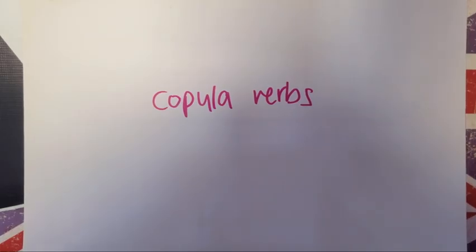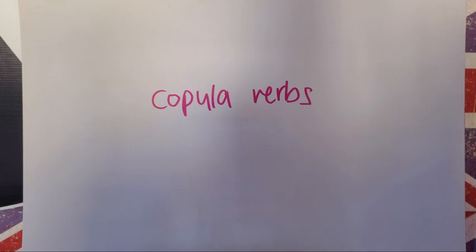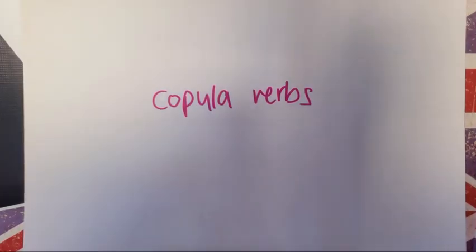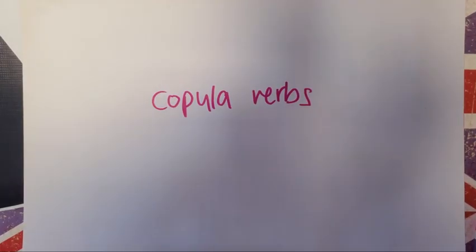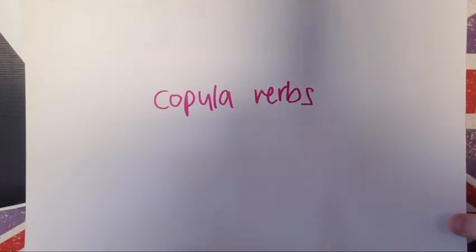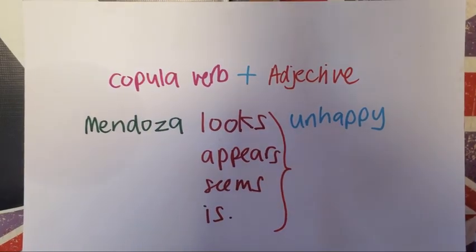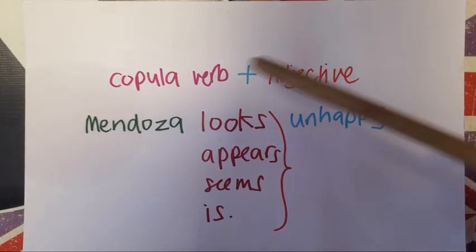Within the idea of to be and to have, which we call stative verbs, there is a narrower thing called copular verbs. This is just a little section in there, and copular verbs are easy because they take an adjective.